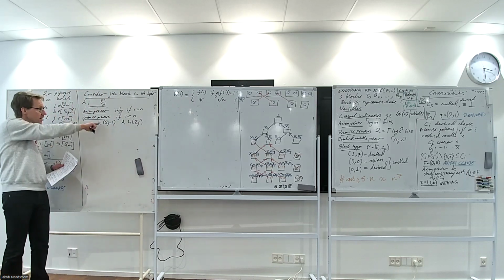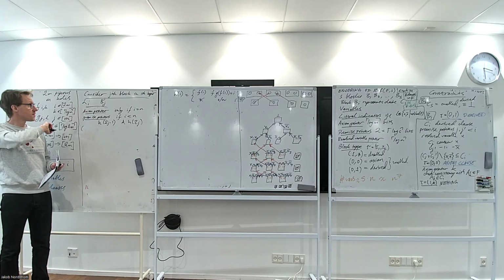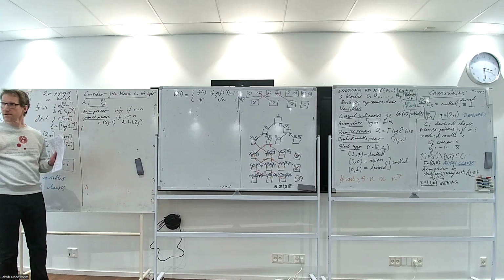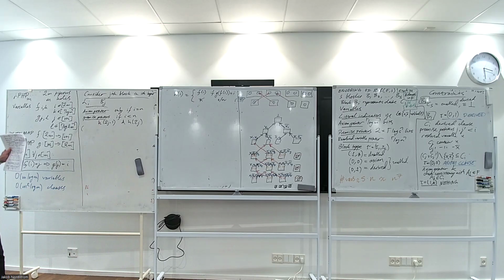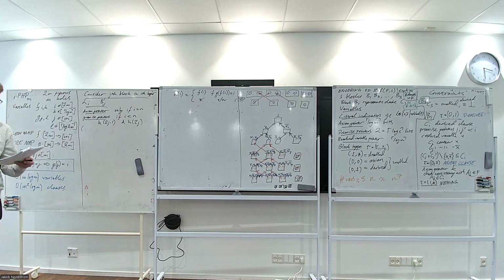Clearly, how many bits are these? Just a logarithmic number of bits, right? Are we happy so far? And whether I'm an axiom or not, I don't even need to query, because I know where I am.